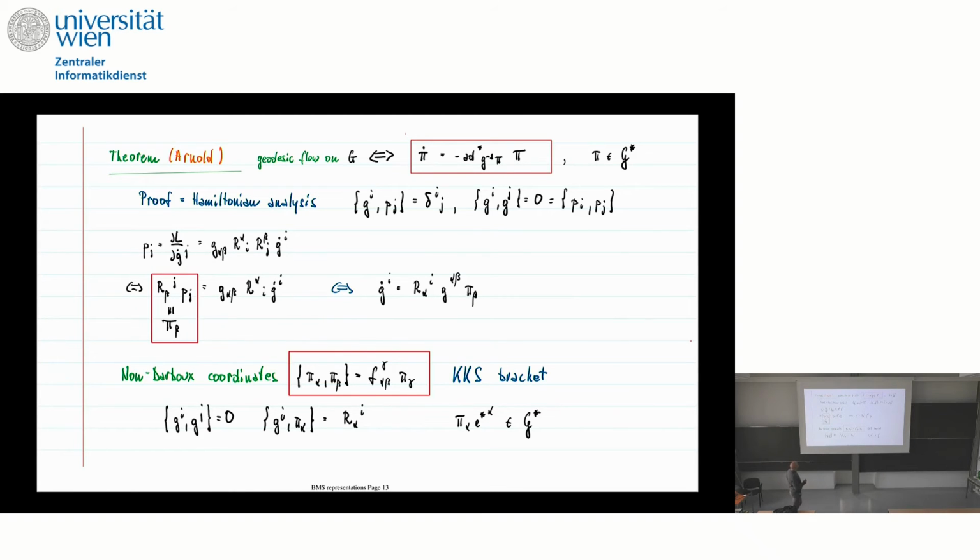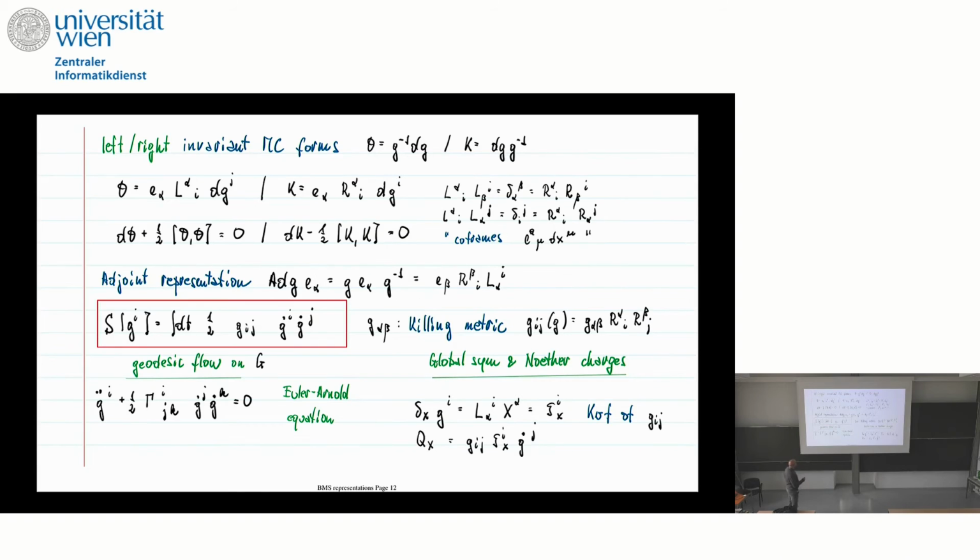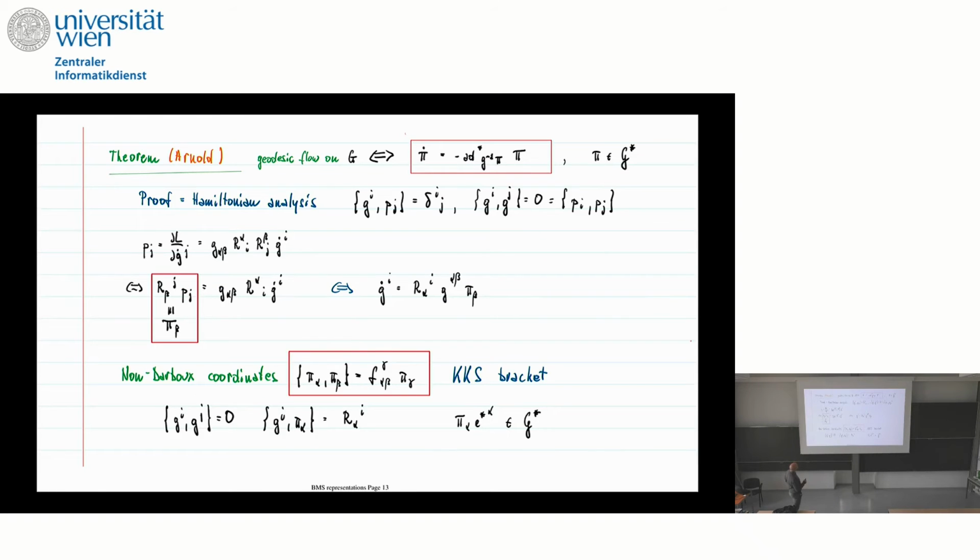So suppose we do the Hamiltonian analysis of this action here. You would introduce, of course, conjugate momenta. So you would naturally do the Legendre transform, and you would do it if you want in Darboux coordinates. So you compute the momenta.